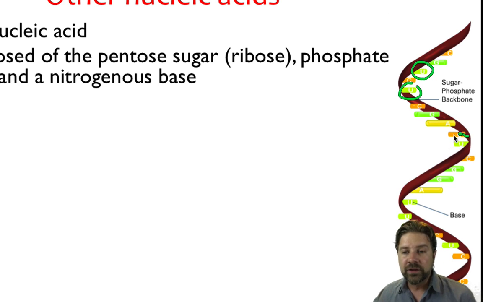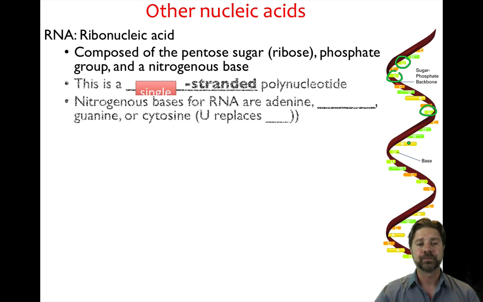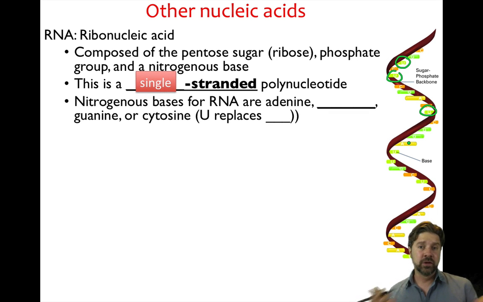We're not going to have U's in DNA, but we will have them in RNA, and that represents uracil, and it takes the place of thymine in RNA. We also notice that it's single-stranded. There's not an equivalent polynucleotide on the other side, making it a double helix.